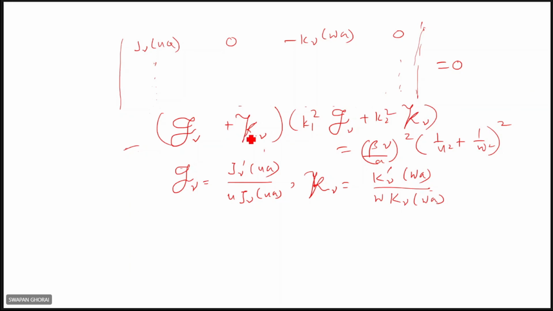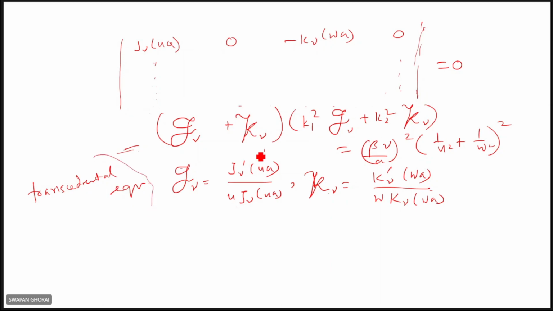You'll get J nu prime over J nu, K nu prime over K nu, with K1 squared and K2 squared. What is this J nu? You'll get these ratios replaced by these ones. And this is actually a complex equation. It is called a transcendental equation.